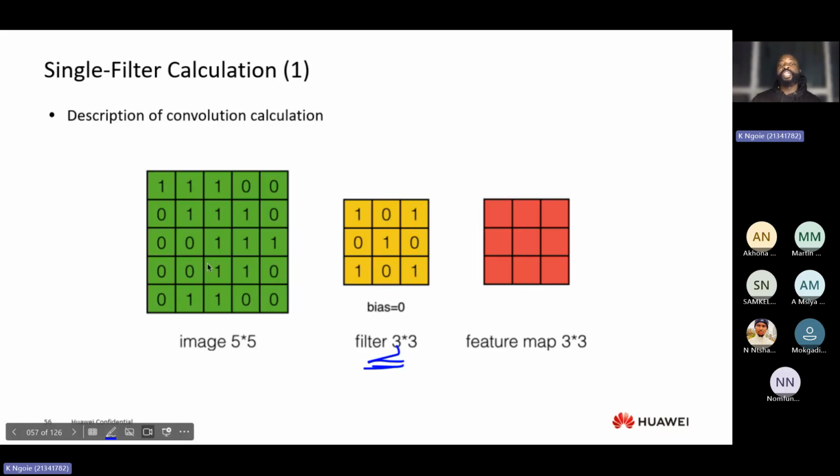If this image was bigger than this, the filter as well would get a size that makes sense with each part of the picture. So the first time we take it here.